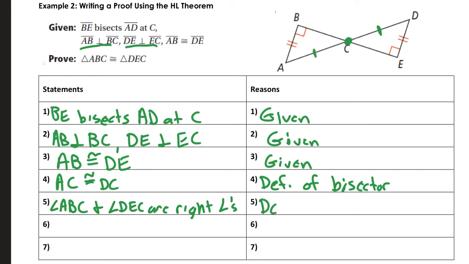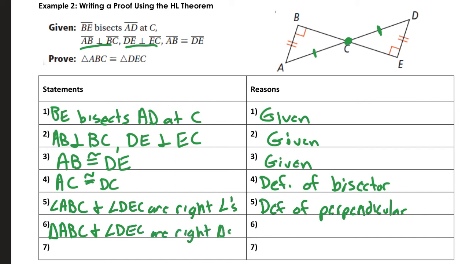That is the definition of perpendicular. And I know that's weird, but we are doing these proofs to help us remember different properties and to reference those properties. Okay? So since those triangles are right triangles, I can say that triangle ABC and triangle DEC are right triangles. And that's the definition of right triangles.